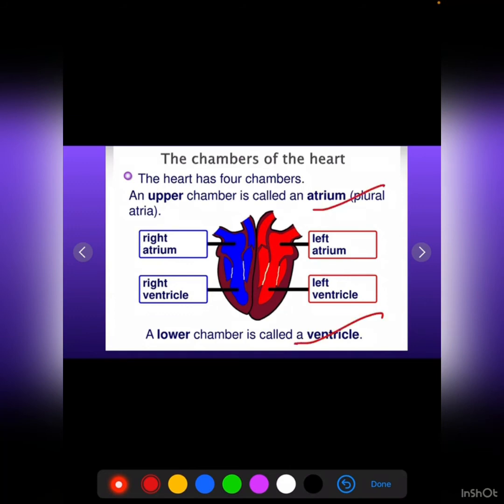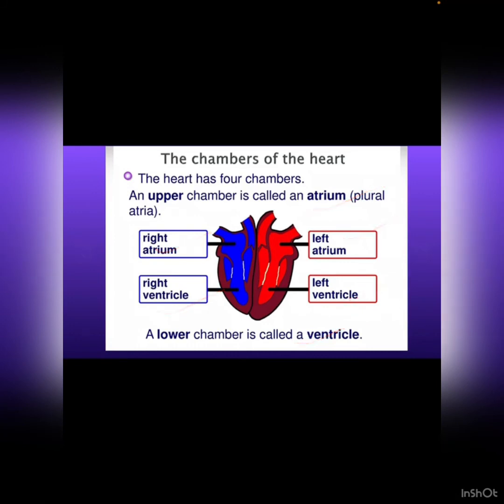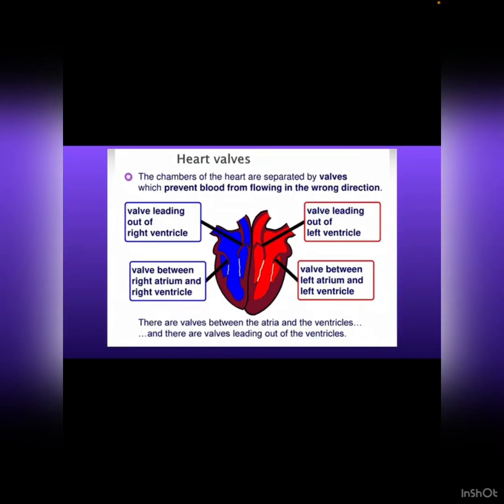The left side upper chamber is known as left atrium and left side lower chamber is called left ventricle. Right side upper chamber is called right atrium and right side lower chamber is called right ventricle.